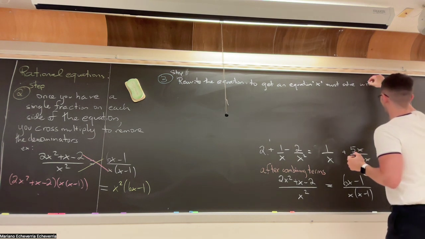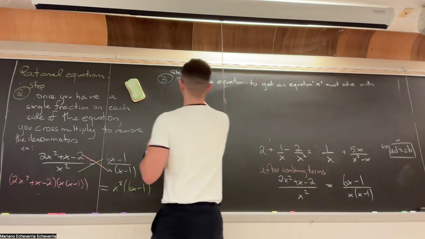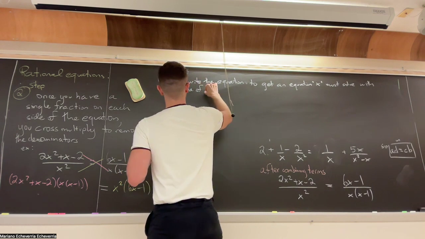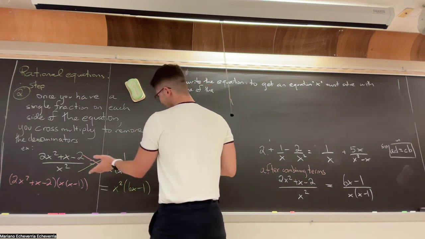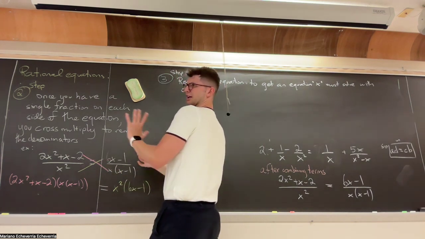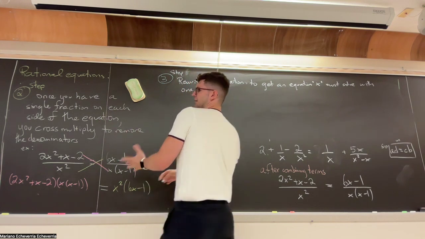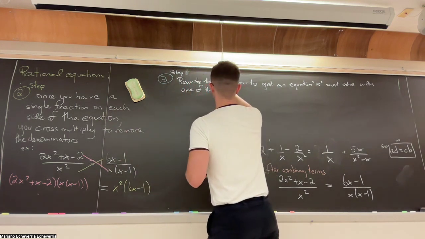Which typically is the right one, because the convention is to have the right side equated to 0.